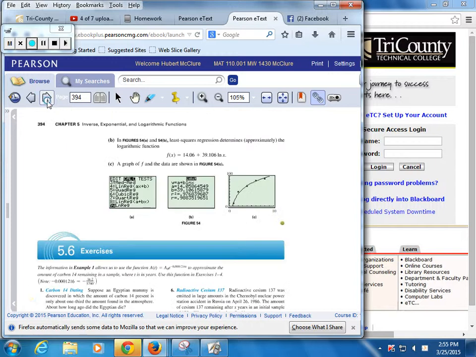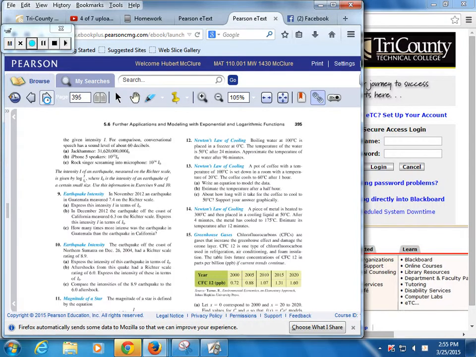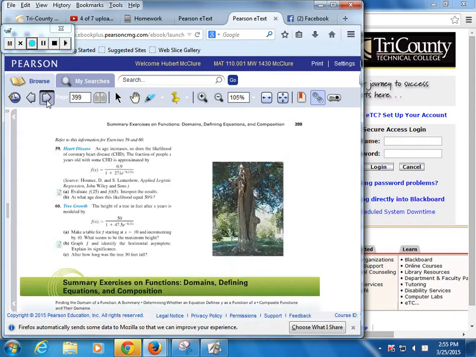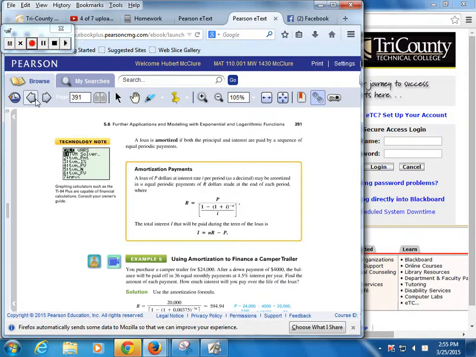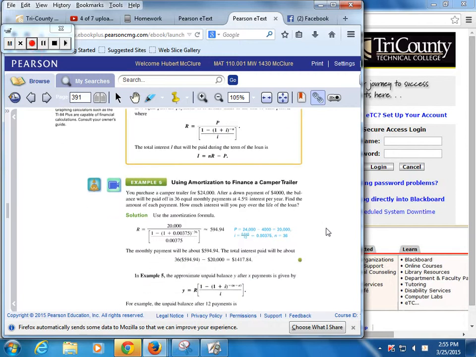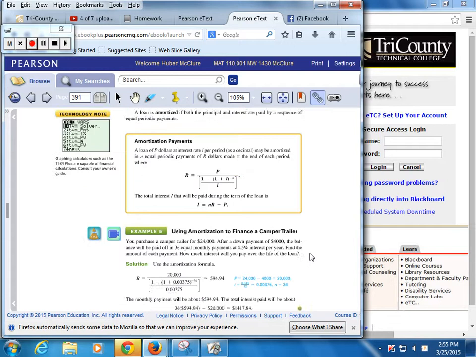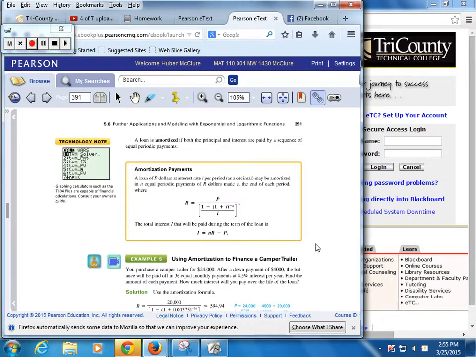I'm just going to find that page. Let's see, 5.6. Okay, I think this is it right here. I don't know if this is it or not. Let's just see what they get.